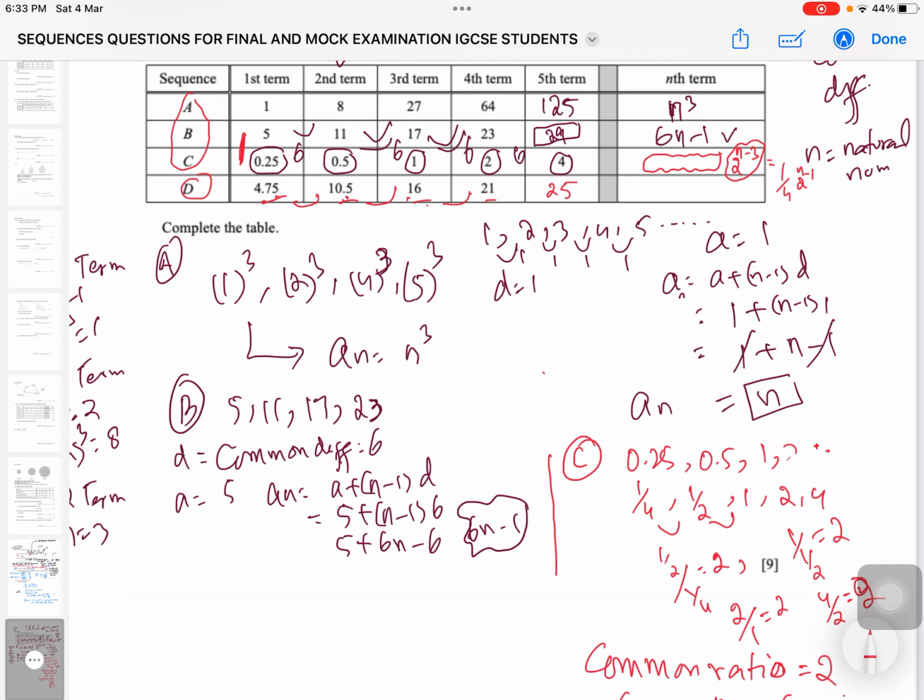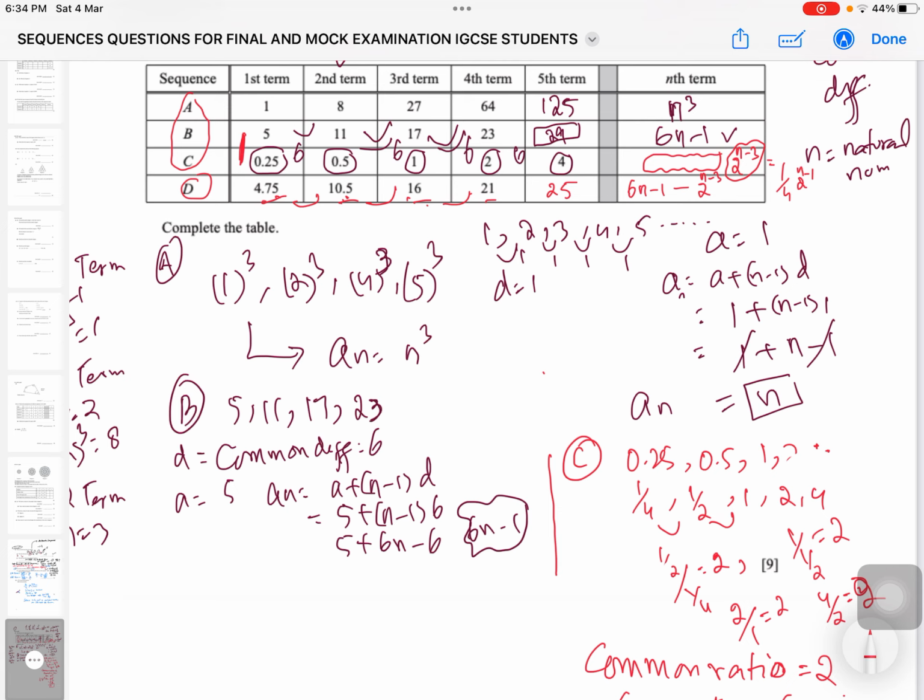When I checked the difference, I got the result, sequence B minus sequence C. Now sequence B is 6n minus 1. Sequence A is 2 power n minus 3.